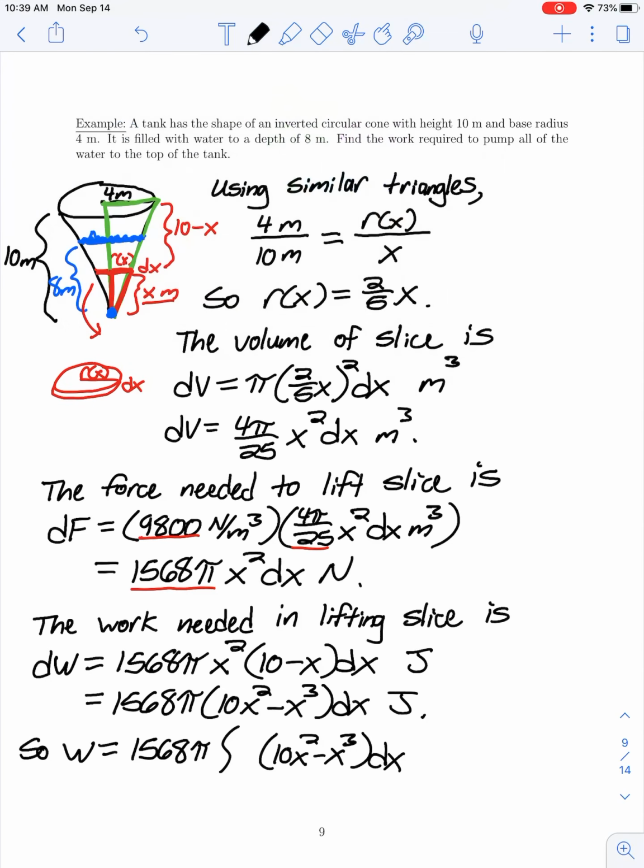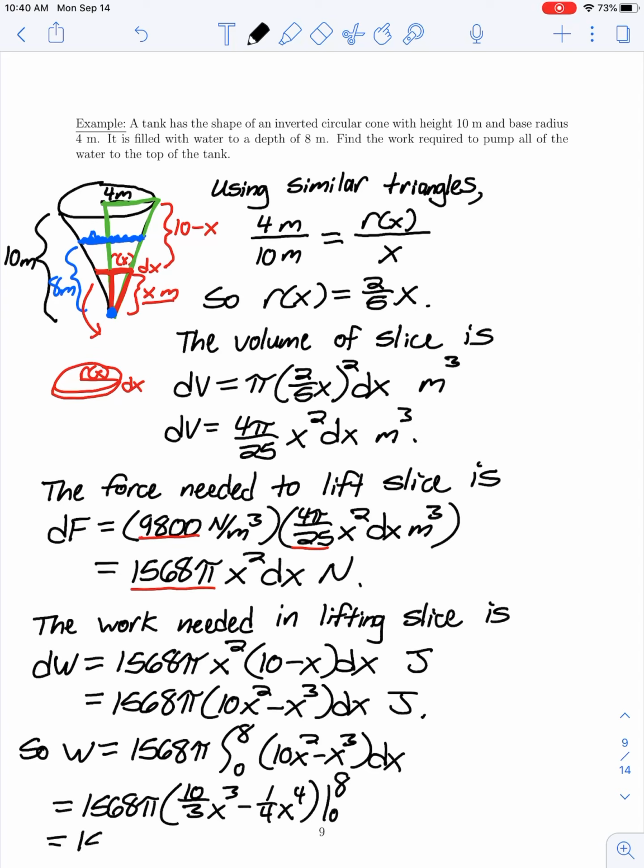So I'm going to integrate from x equals 0 to 8 here. So let's see what we get. We have the 1568 pi times the antiderivative of this function, which would be 10/3 x cubed minus 1/4 x to the 4th, and we're evaluating from 0 to 8 here.